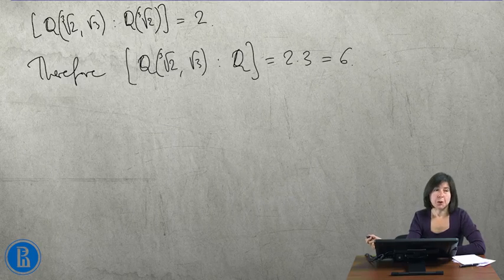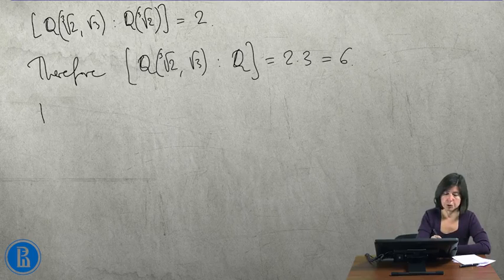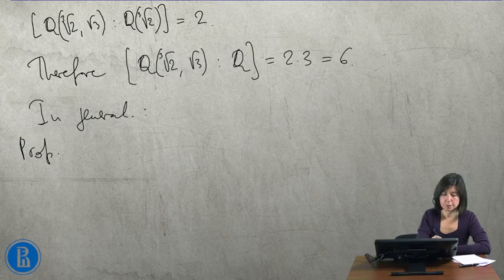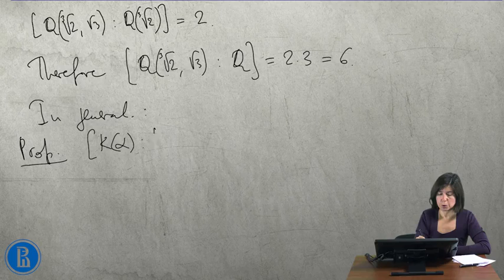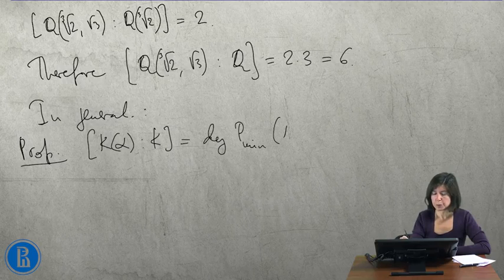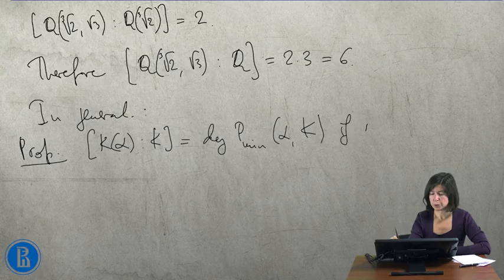Well, I should have said this earlier. This fact is completely general, that the degree of an extension generated by an algebraic element alpha over K is equal to the degree of the minimal polynomial of alpha. So in general, proposition: the degree of K(alpha) over K is the degree of the minimal polynomial of alpha over K if alpha is algebraic.